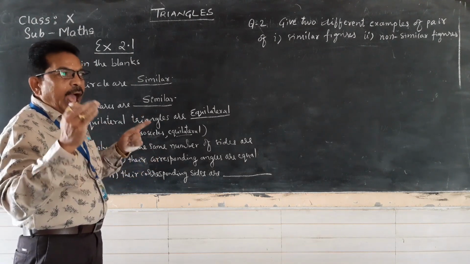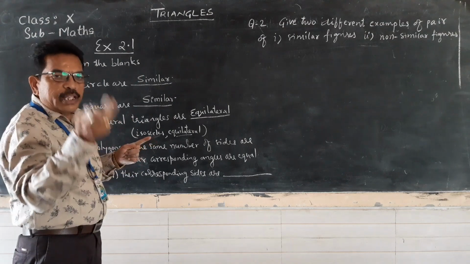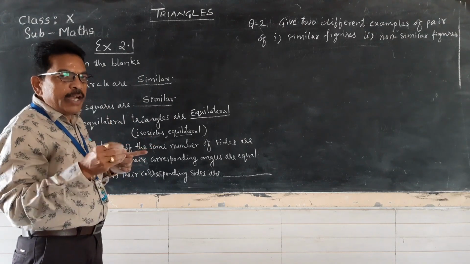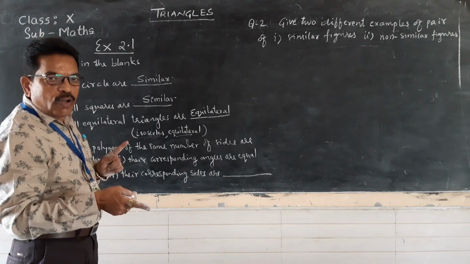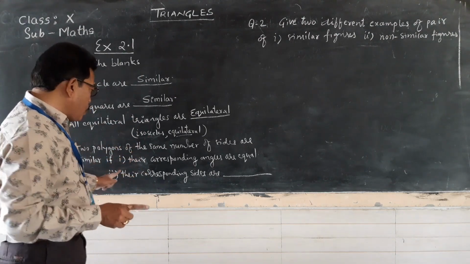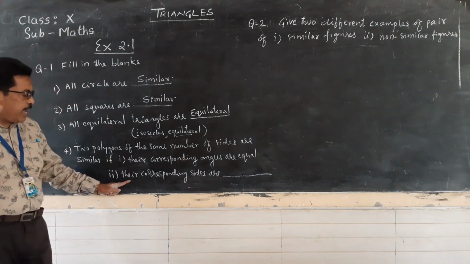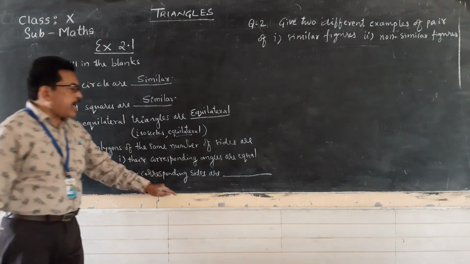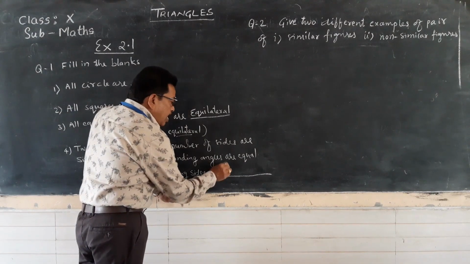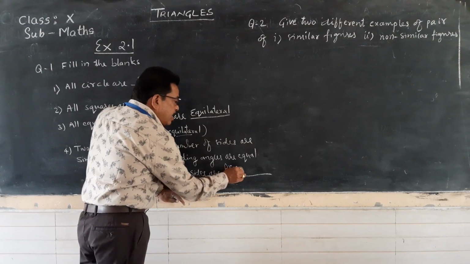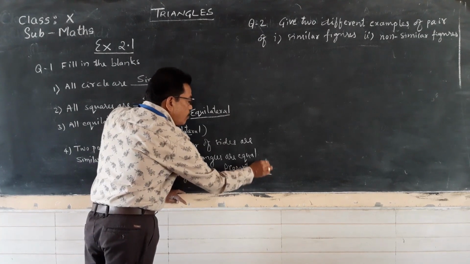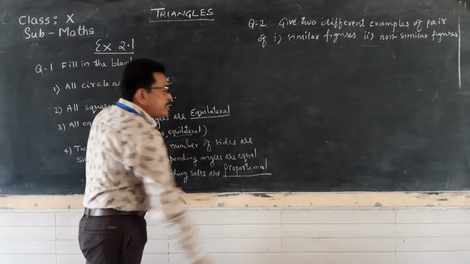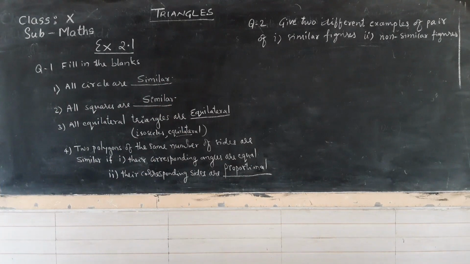To display similarity, they should satisfy two compulsory properties: corresponding angles are equal, and corresponding sides are proportional. Write down and underline the answer: corresponding sides are proportional. This is the first question.